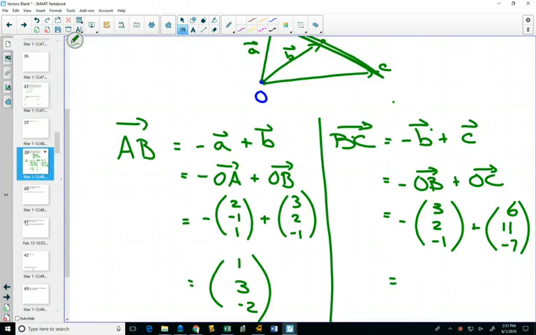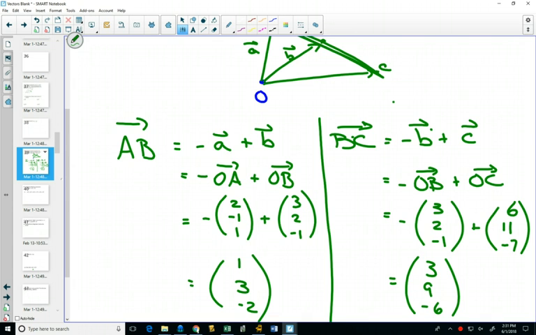Negative 3 plus 6 gives us 3. Negative 2 plus 11 gives us 9. Negative 1 plus 7 gives us negative 6. So now we've got a direction vector for BC.